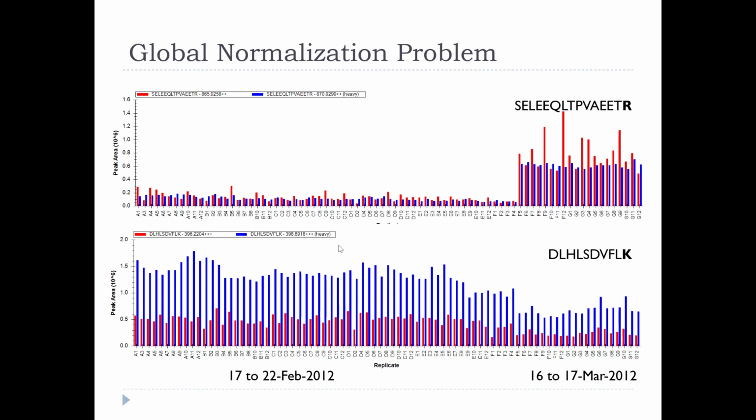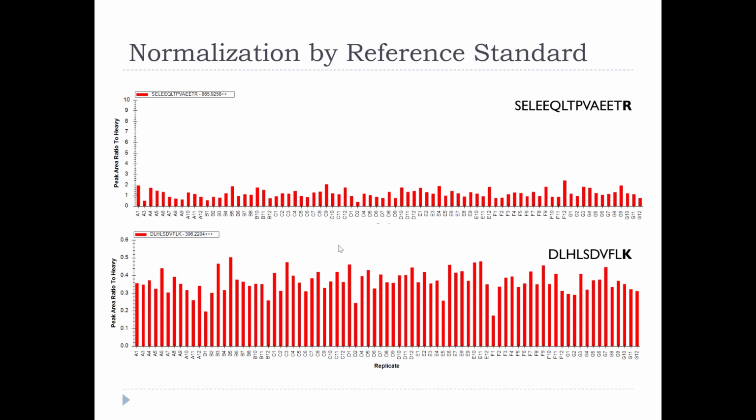So if I do the normalization where I take the ratios between the two, then all of a sudden I can't tell anymore where exactly the column was changed.